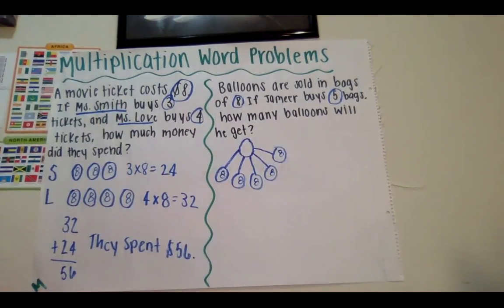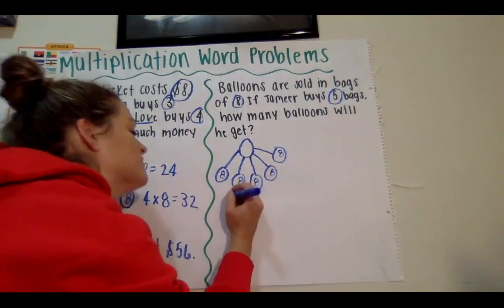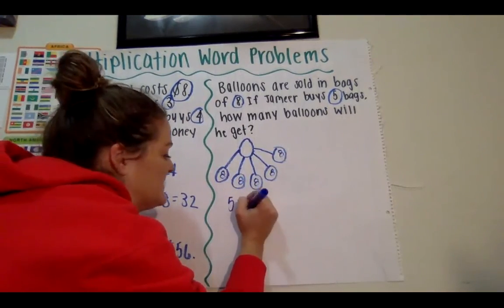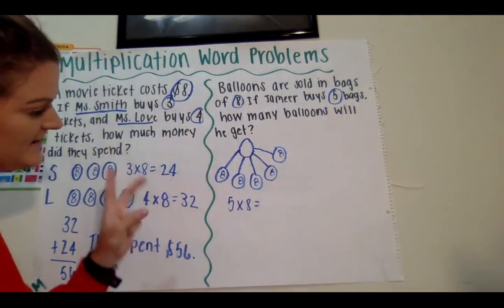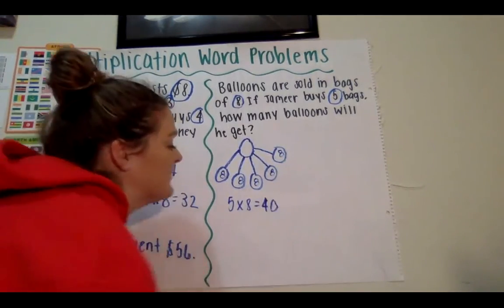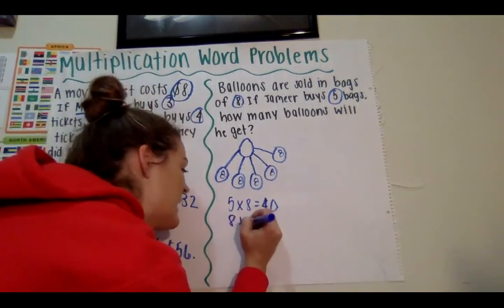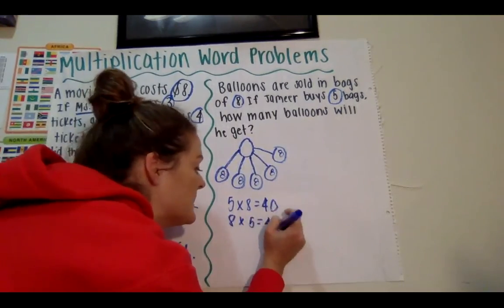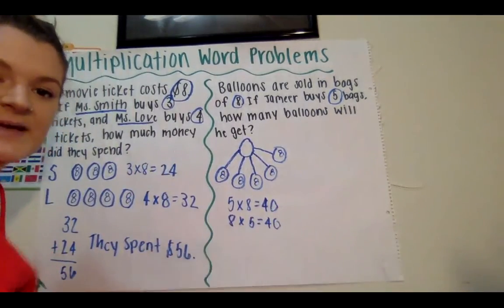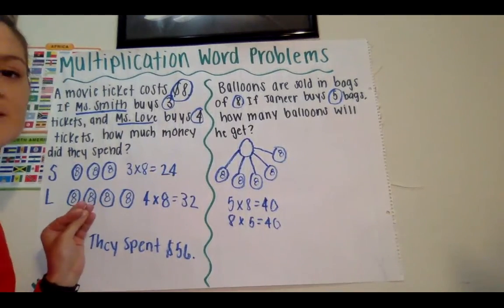And then what could be my multiplication sentence to represent this problem? I see 5 groups of 8, which gives me 8, 16, 24, 32, 40. And then some of you at home may be saying, but Miss Smith, you could also say 8 times 5. And I know that I could do both because what property is this? That tells me it doesn't matter the order of my factors, I will still get the same answer.